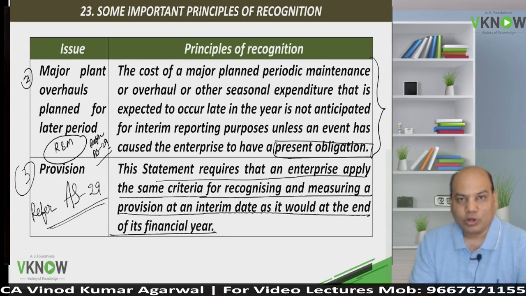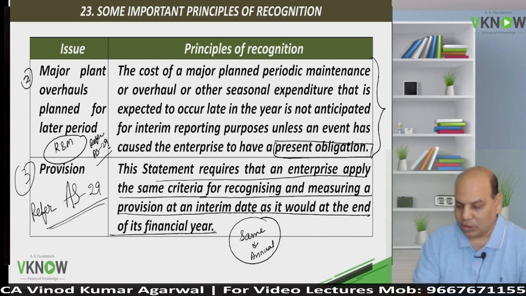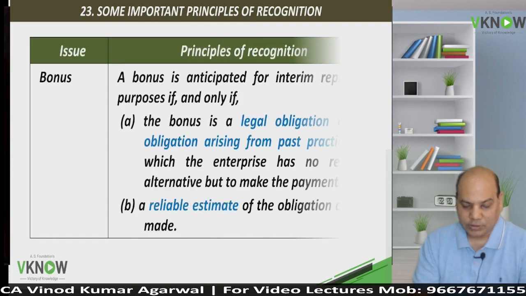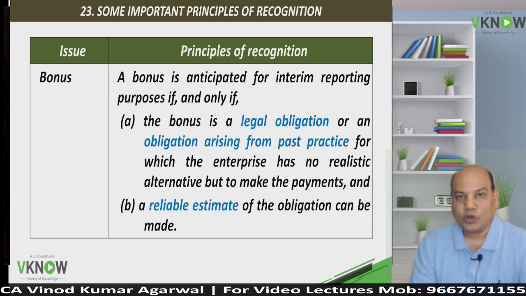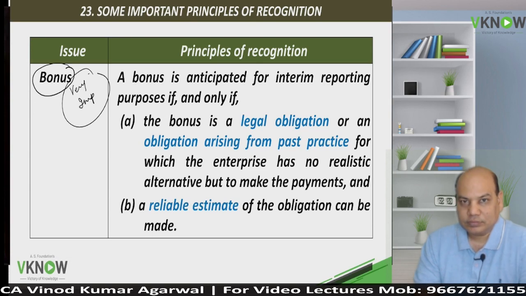That means you follow the same recognition principle which you will follow at the end of the year. The same principle which you follow for annual accounting will be used for making provision in the interim period. Now the question is very important. Bonus.